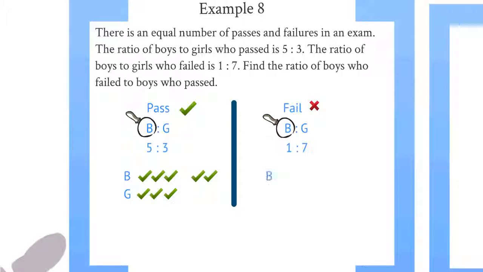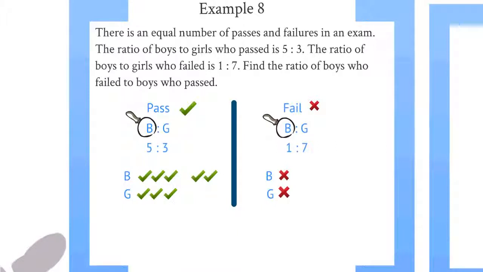Let us do the same for the fail column. We will draw 1 cross to represent this 1 unit who failed, and then for every 1 unit of fail for the boys, there are 7 units of girls who failed. So I will have to draw 7 crosses.